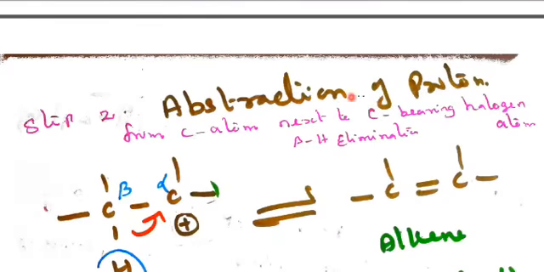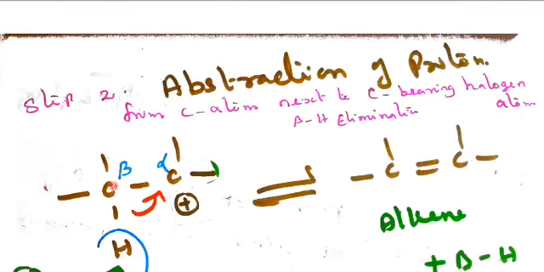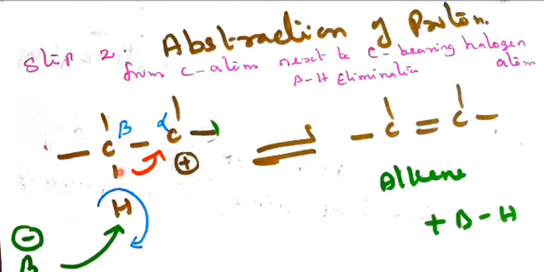Now after formation of the carbocation comes the abstraction of a proton from the carbon next to the carbon bearing the halogen. This is called the halogen-bearing carbon, and next to that is the beta carbon. In the beta carbon, this C plus cation takes the electron from the carbon.